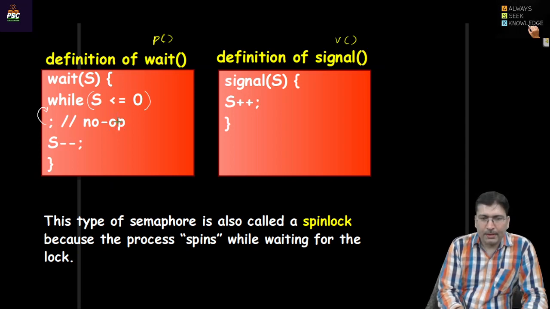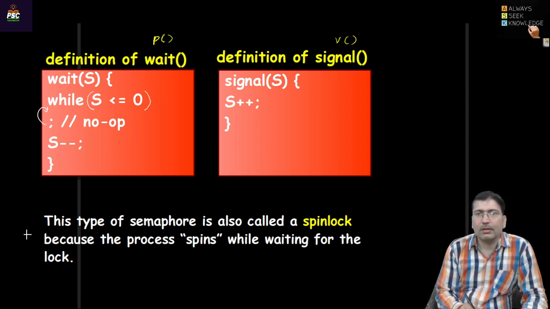But in case this condition is false, then the value of semaphore variable S will be decremented by 1. So ultimately when we apply the wait operation, either the value of the semaphore variable will be decremented by 1 or there will be a continuous loop running, so the process will be waiting in that loop.